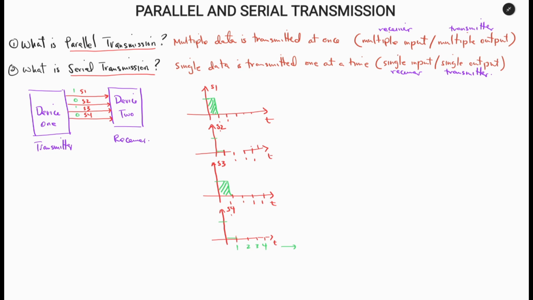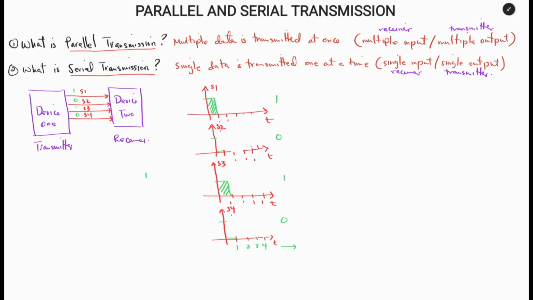That means for this time interval, the data 1, 0, 1, 0 will be transmitted from device 1, which is the transmitter, to the receiver. And what will happen for the next time interval?